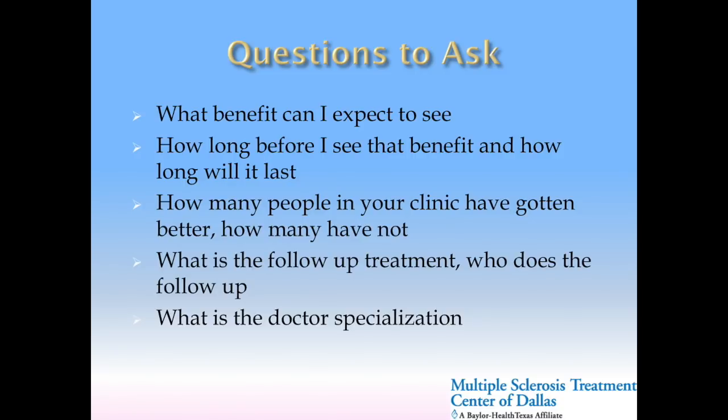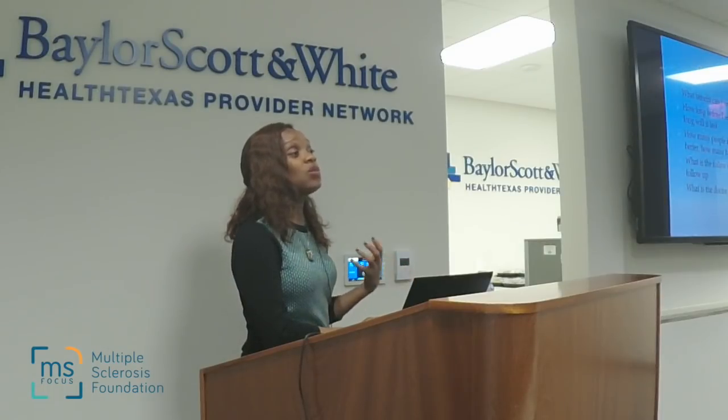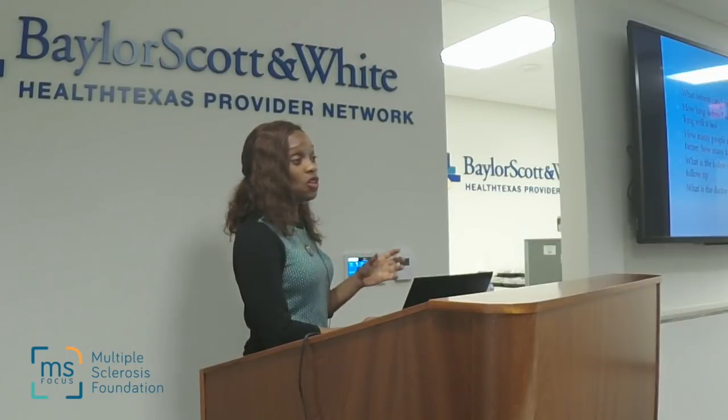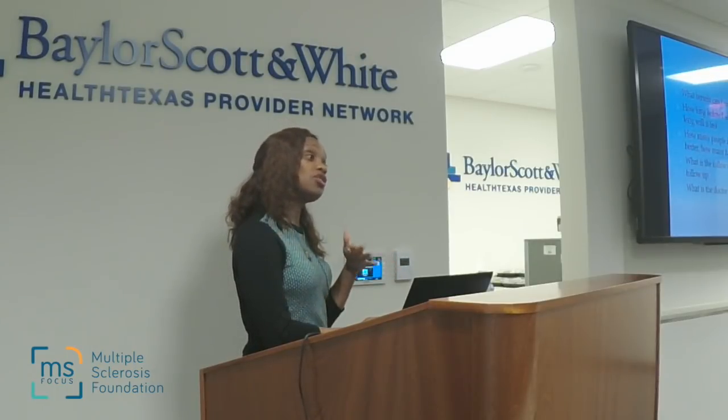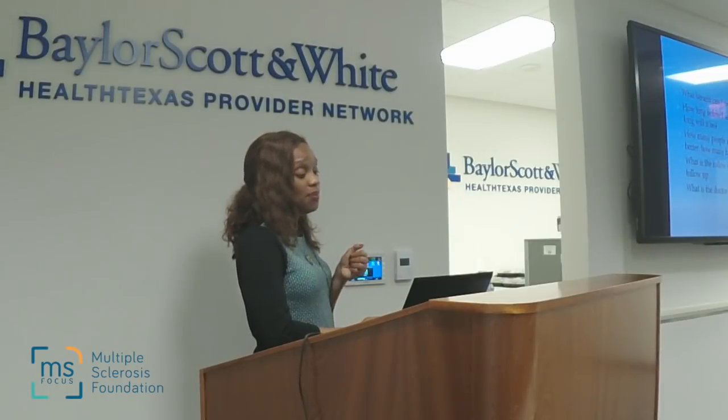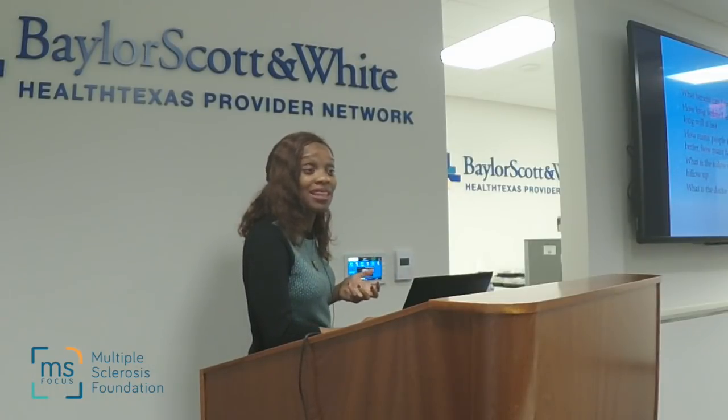They are for stability and long-term stability. For someone who's in a wheelchair, realistically, what do you expect to see? Are you going to get up from your wheelchair, which most people don't experience, or are you just going to have stability? How long will it take for you to see the benefits, and how long will the benefit last?